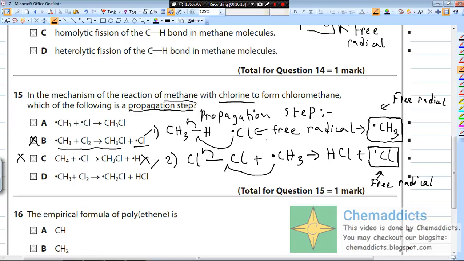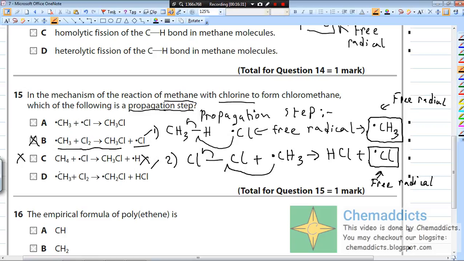Most of the free radicals formed here are CH3 free radicals, so this shouldn't be a hydrogen free radical, this should be CH3 free radicals. So that is why this is not the valid answer.